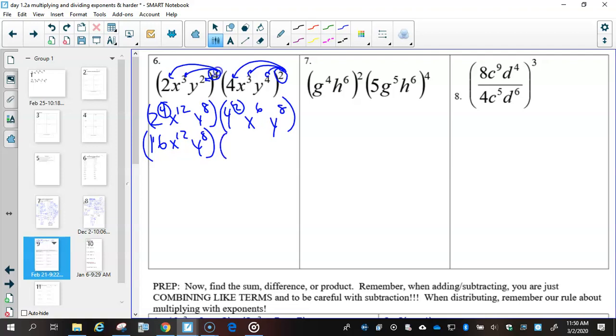And then 4 squared, 16. So now we can add our exponents and we need to multiply these two numbers. So x to the 12 plus 6, y to the 8 plus 8.